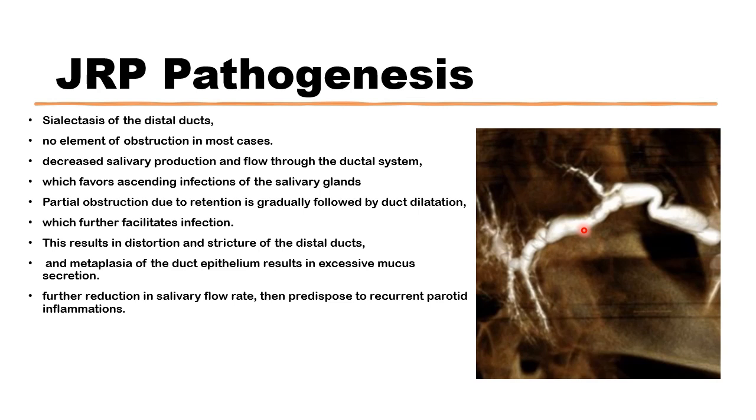Then metaplasia of the covering epithelium would cause excess mucus production and mucus plugs, and this would cause further reduction in salivary flow rate and predispose to recurrent infections.